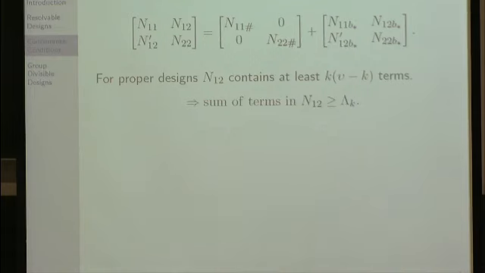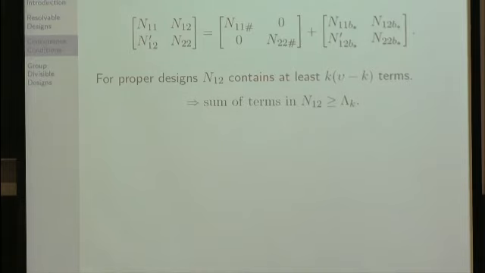So I've put that matrix equation at the top again so we can keep it in mind. So if I have a proper design, then that submatrix M12 contains at least k times v minus k terms. In other words, my smaller treatment set must have at least k treatments in it. And my bigger treatment set has at most v minus k treatments.